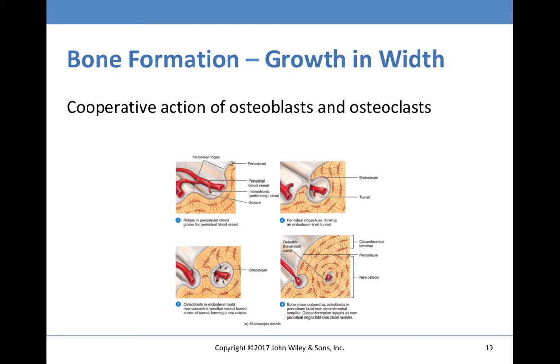Now, in width, bone grows through width or thickness or diameter. The growth is considered to be appositional. Appositional growth will occur at the periosteum, so that outer covering of our bone. And we can grow the bone in true diameter from interstitial and this appositional growth.